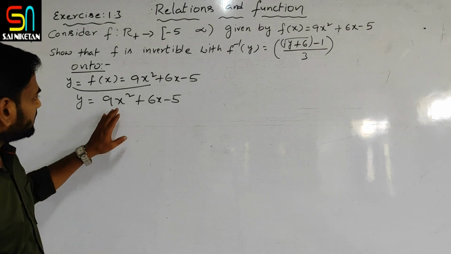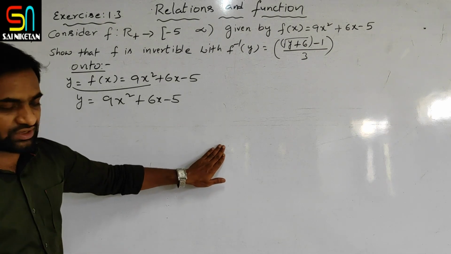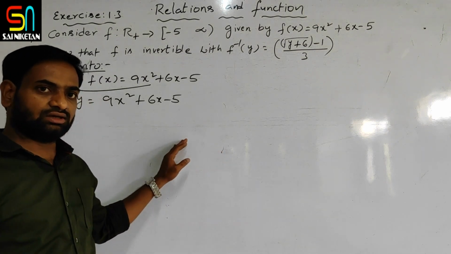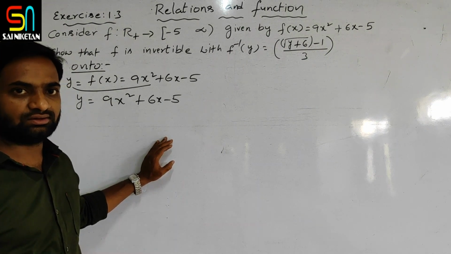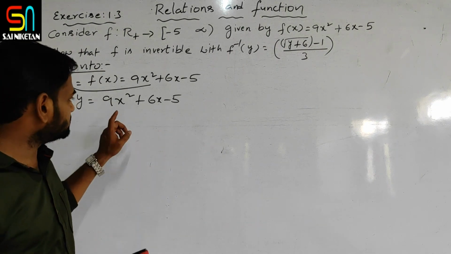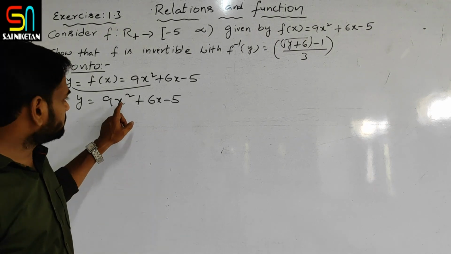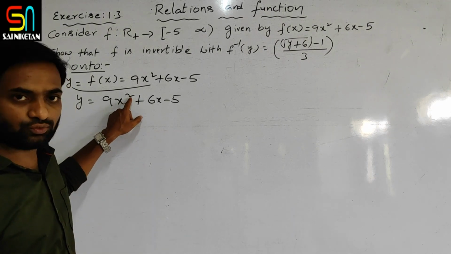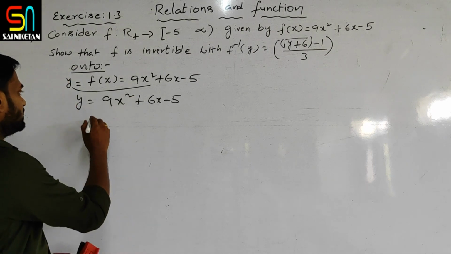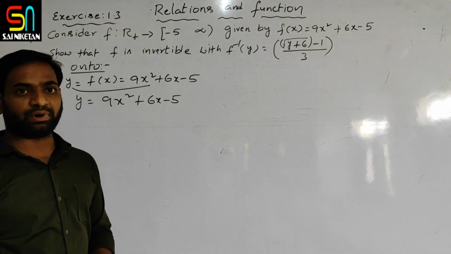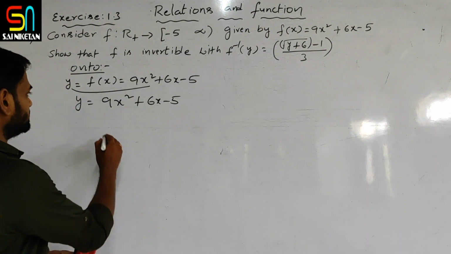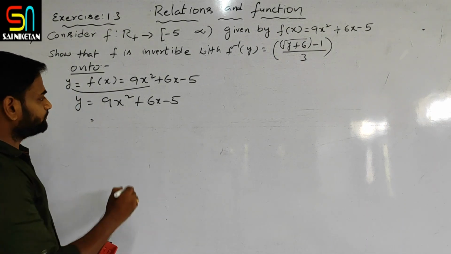Okay? But here, as previously, 4x plus 3, that function is a polynomial function of degree 1. But this is of degree 2. That's why I want to make this a perfect square. See here carefully.